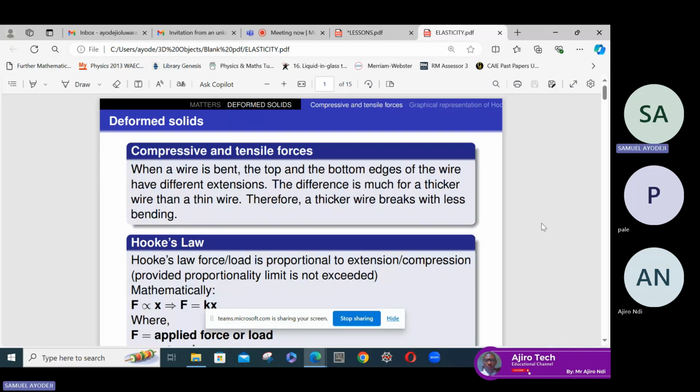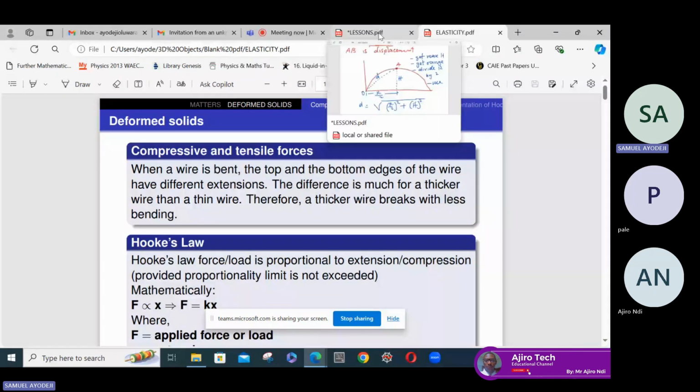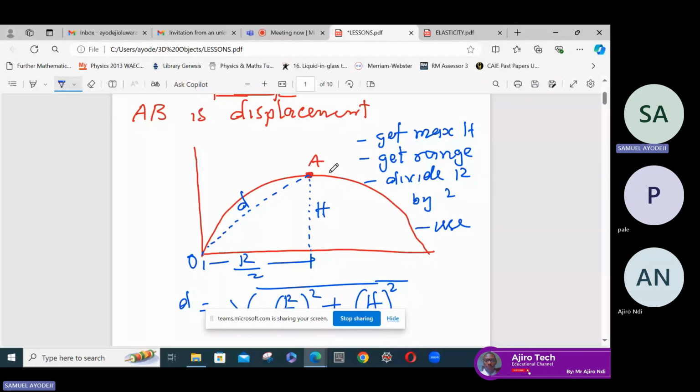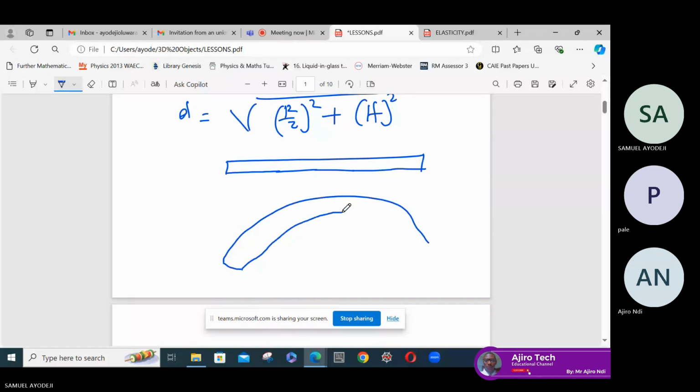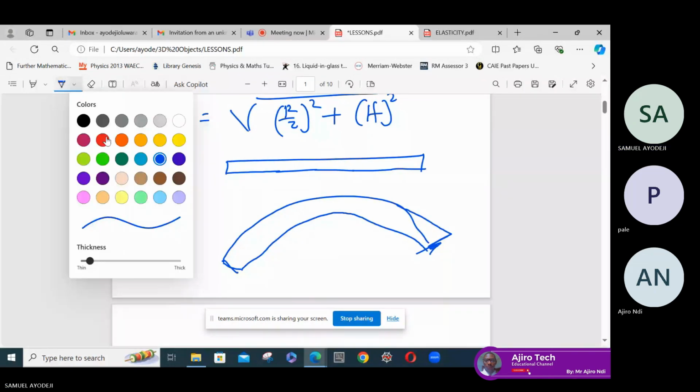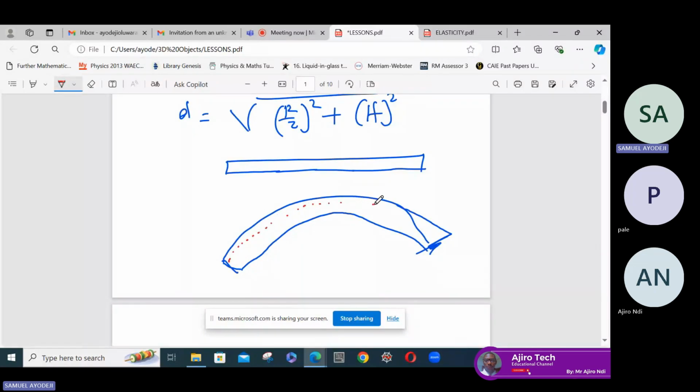When you have a wire, if you bend the wire in this form, this is the wire, then if it bends, it's going to be like this. Don't mind my drawing. So if it's like this, the upper part undergoes more stress than the lower part.